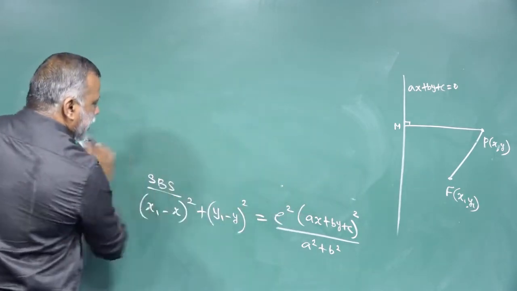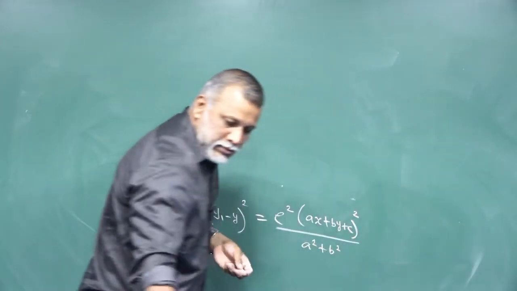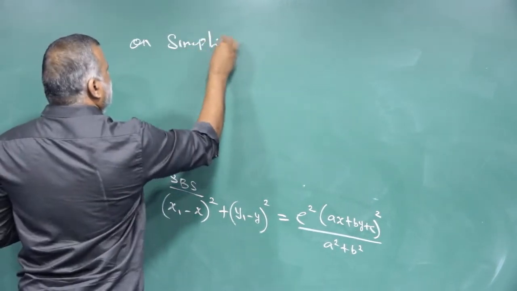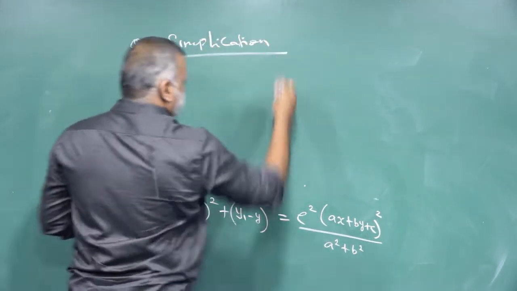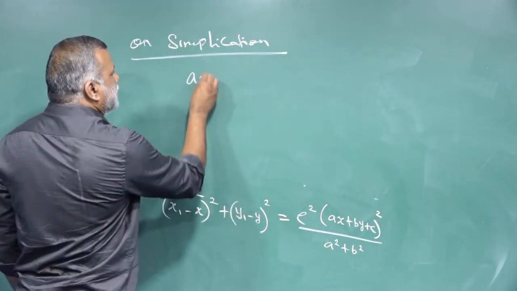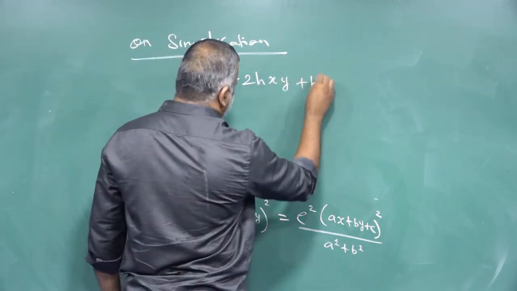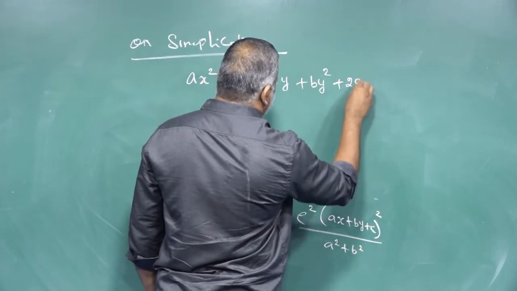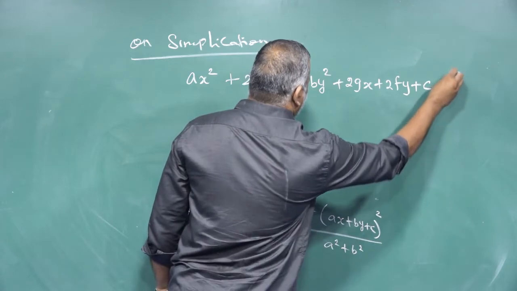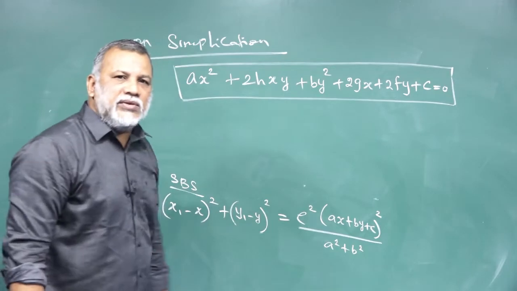we can get a new equation of the form ax² + 2hxy + by² + 2gx + 2fy + c = 0.